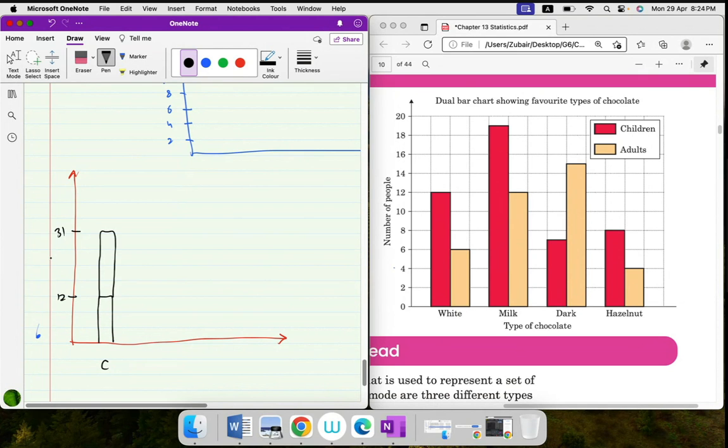Then I have 7. 31 plus 7 is 38. And the last one is 8. 38 plus 8 is 46.